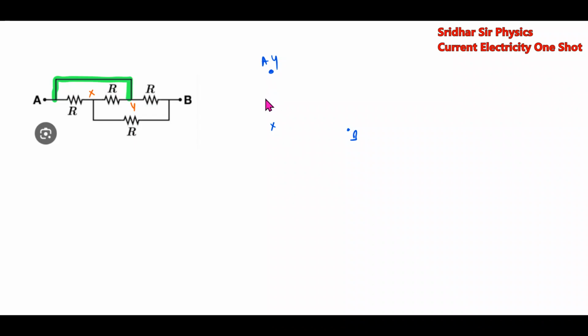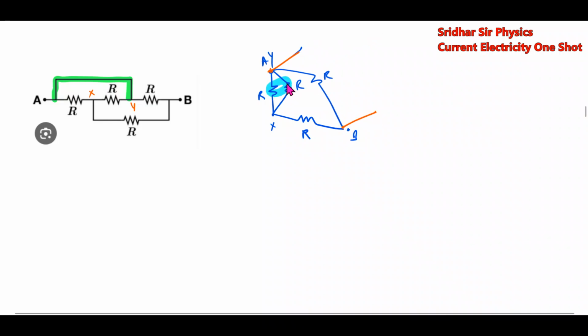Between A and X, we have one resistor, R. Between X and Y, one resistor, that is R. Between Y and B, one resistor, this R. So we have to calculate the effective resistance between these two points.